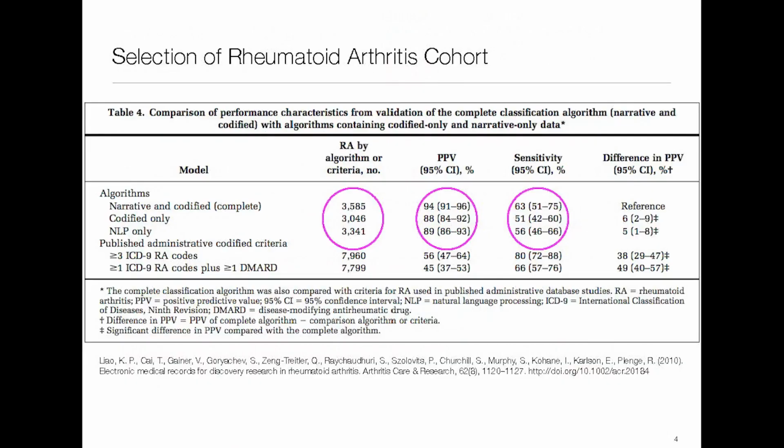And in fact, to give you a slightly more quantitative version of this, Kat and I worked on a project back around 2010 where we were trying to understand what are the genetic correlates of rheumatoid arthritis. And so we went to the research patient data repository of Mass General and the Brigham, Partners Healthcare, and we said, okay, who are the patients who have been billed for a rheumatoid arthritis visit?